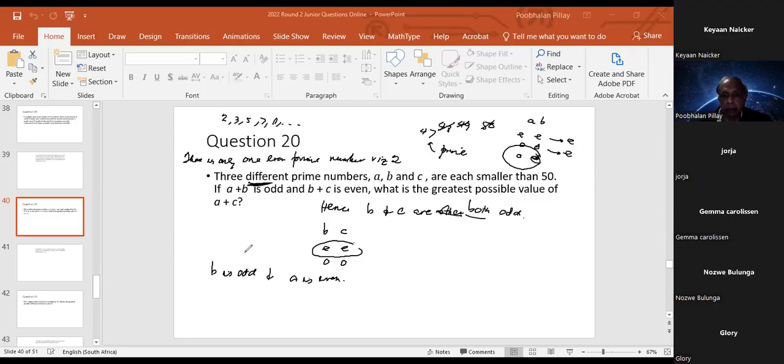One of them is odd, we know B is odd, so A will have to be even. And that says we know exactly what A is. A must be 2. It's a beautiful problem. Just using these facts here, with pure logic, you can conclude that A must be 2.